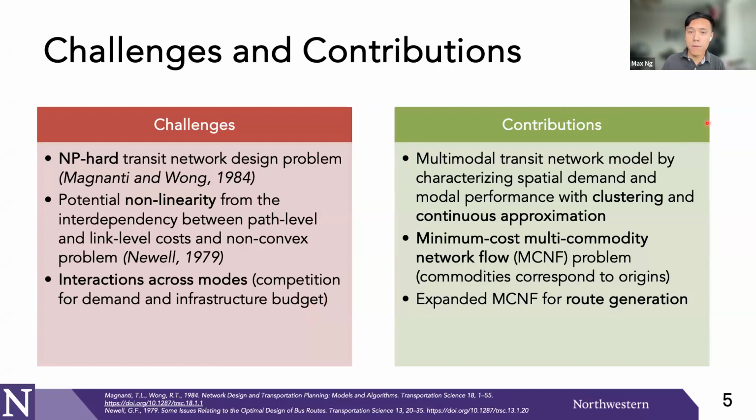So the contribution of our study is that we developed a multimodal transit network model by characterizing the geospatial demand and also the performance of each mode with clustering and continuous approximation.